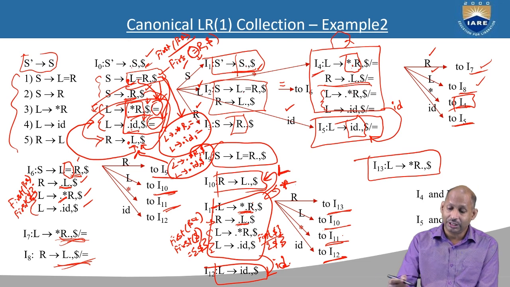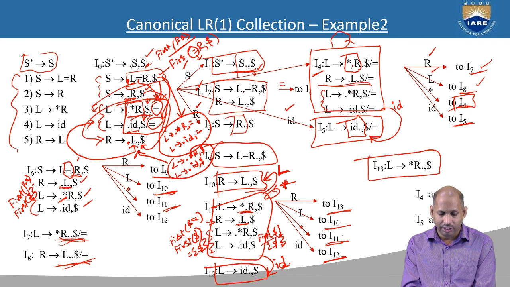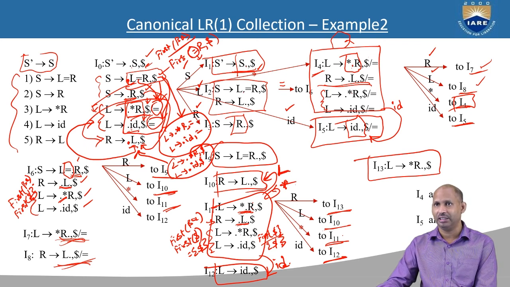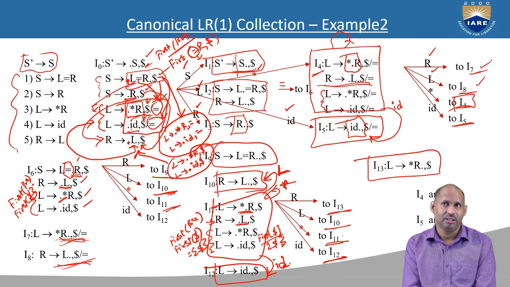Here, it is dollar and assignment. Here, it is dollar. I5 and I12 also: production is the same, but the additional information is different.